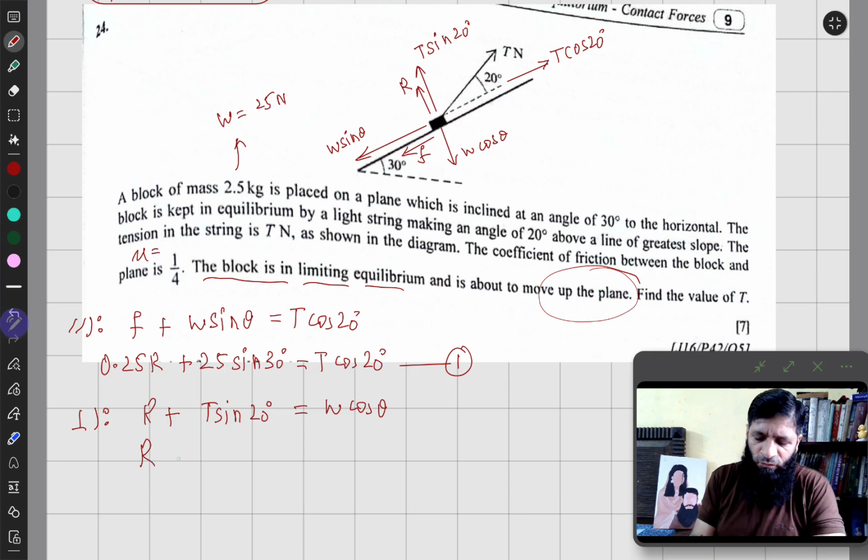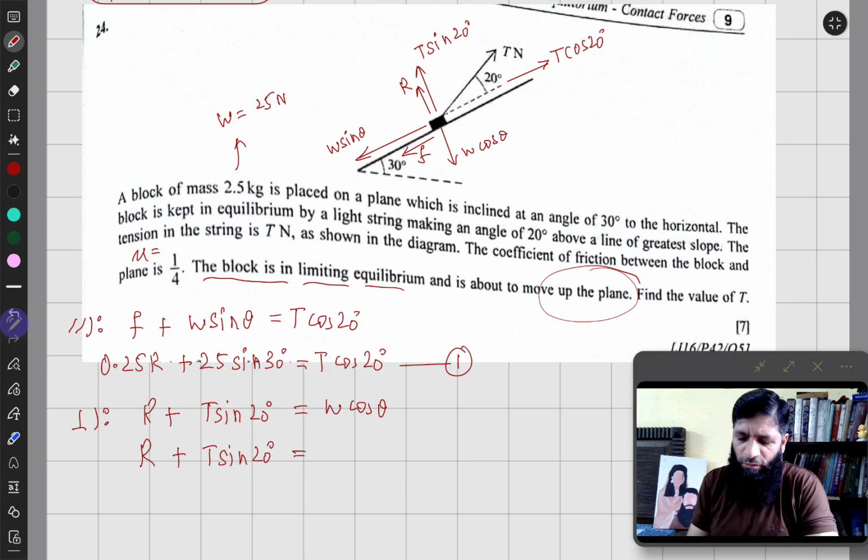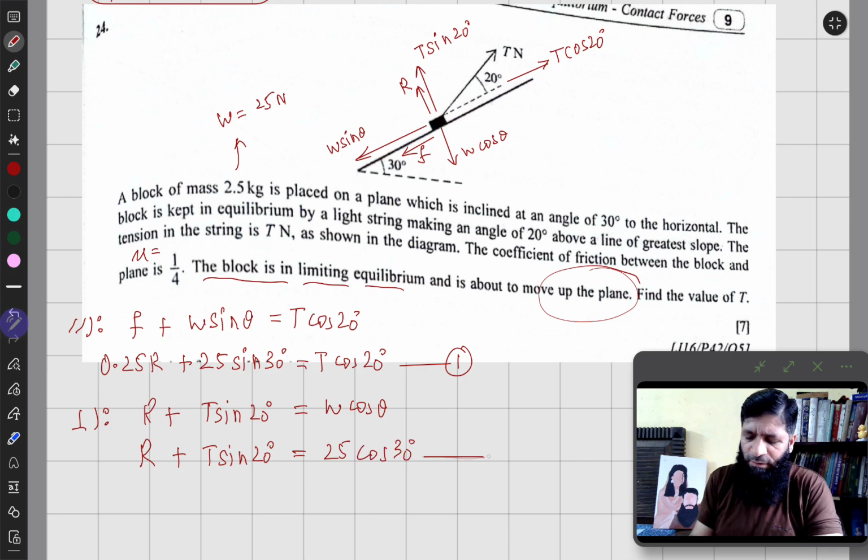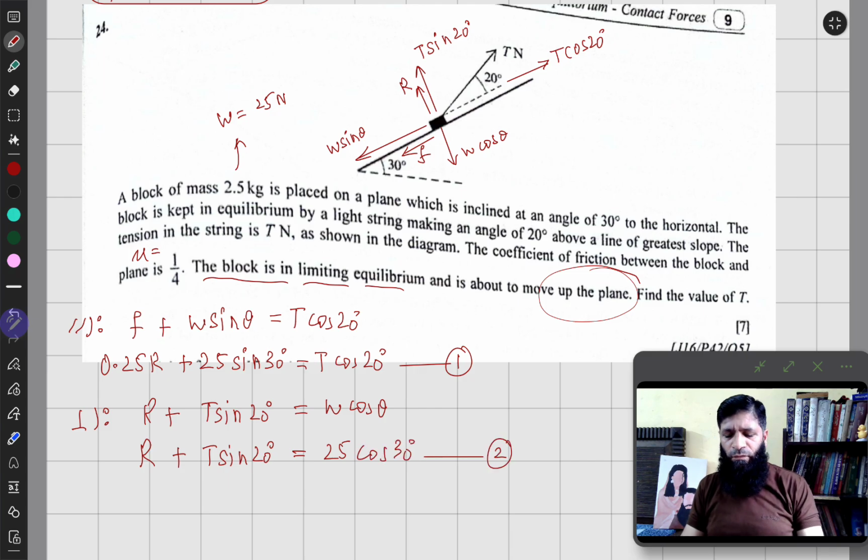If you simplify this, you will have R plus T sin 20, and that will be equal to W, which is 25, cos 30 degrees. This will be equation 2.